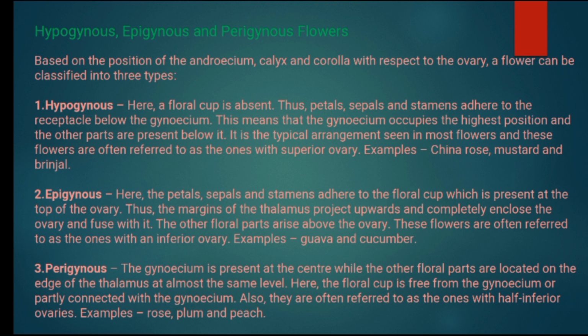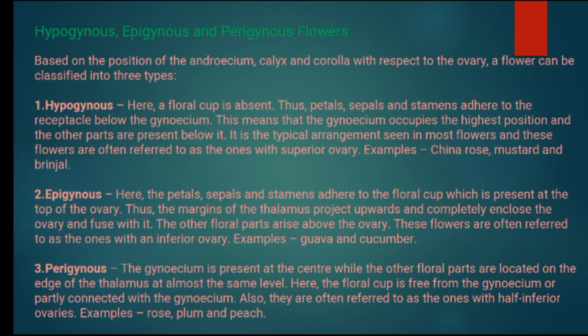So in the hypogynous, the floral cup is absent. Petals, sepals and the stamens adhere to the receptacle below the gynoecium. This means that the gynoecium occupies the highest position, the superior position or the top position, and the other parts are present below. It is the typical arrangement seen in most flowers.